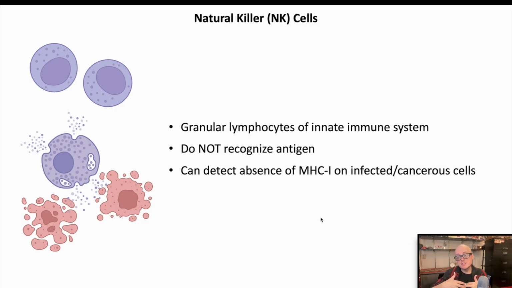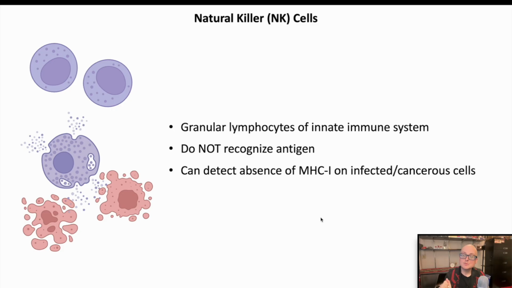This is something that has arisen through evolution because viruses and in fact transformed cancer cells have found it very advantageous to accumulate mutations that actually turn down the expression of MHC on the surface of the infected or the transformed cell, because without MHC on their surface, T cells can't recognize them, and that's a way to survive and evade the immune response.